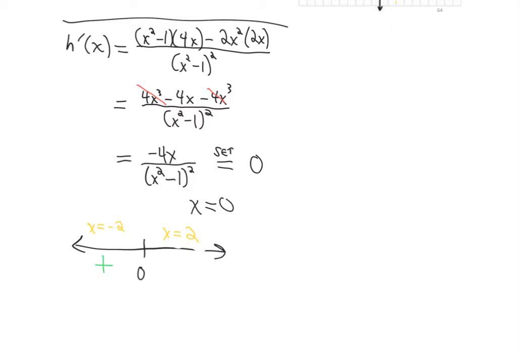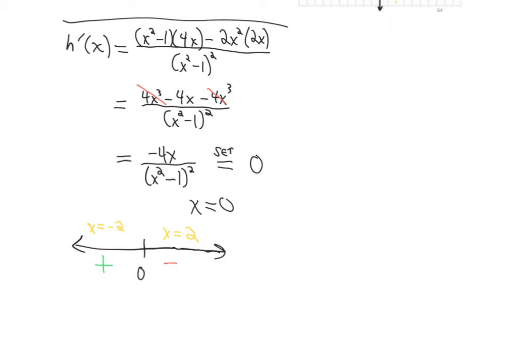When x is 2, I plug in 2 for x. The numerator is negative. The denominator is, again, positive. So I'm going to get that. And what does that tell me? Well, it tells me where the function's increasing and decreasing.